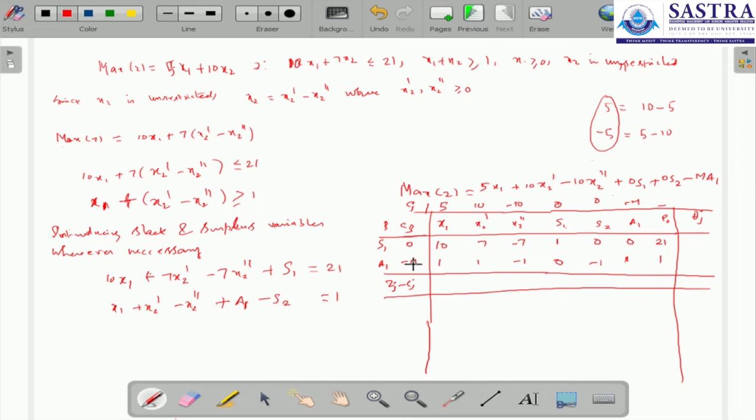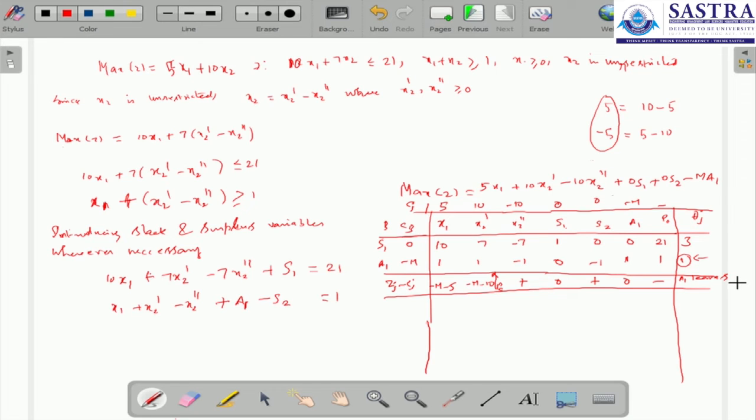That means 0 into 12, 0, minus M minus 5, minus M minus 10, minus M minus 10... then positive quantities, then 0, and so on. The most negative quantity is this one. P naught column divided by the pivot column: this is the pivot column, the most negative. 21 by 7 becomes 3, 1 divided by 1 becomes 1, among which 1 is the least. So, naturally, A1 leaves.